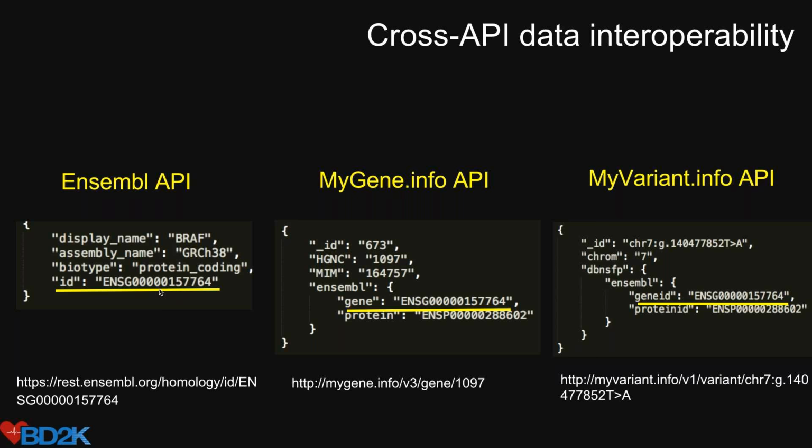But you can see that these different APIs represent their data with different names. For example, Ensembl uses ID, while MyGene.info uses gene, and MyVariant uses gene ID. You can also see that in MyGene and MyVariant, the Ensembl gene ID is nested under another field.